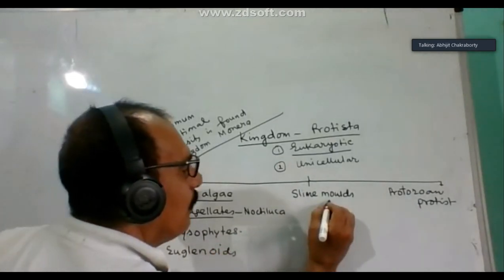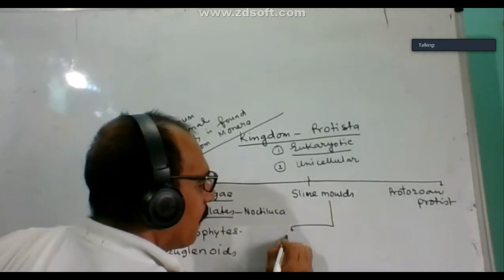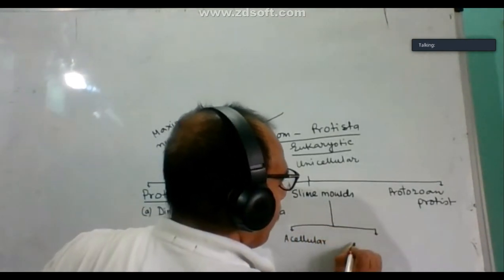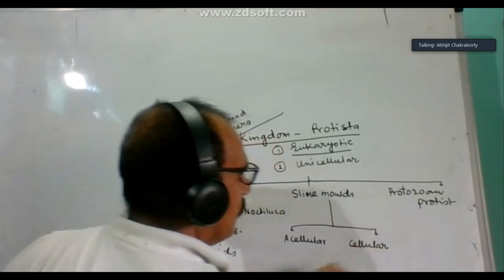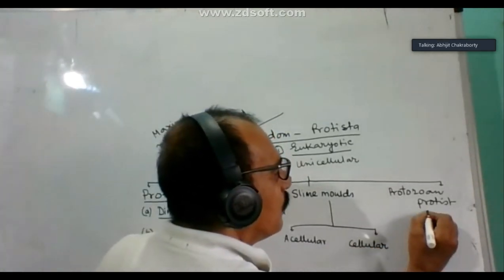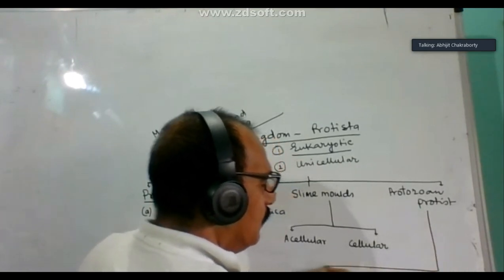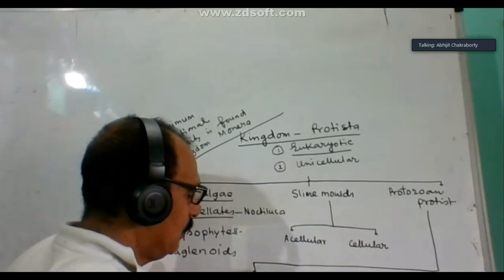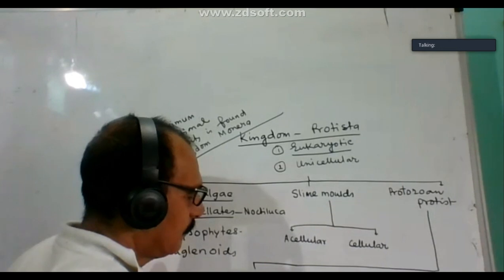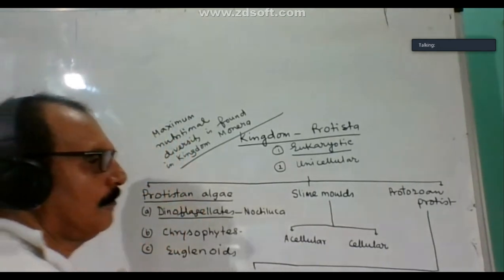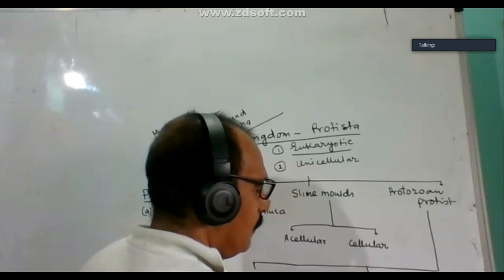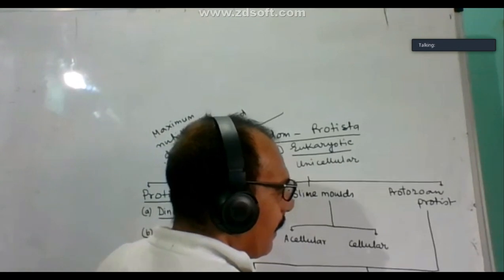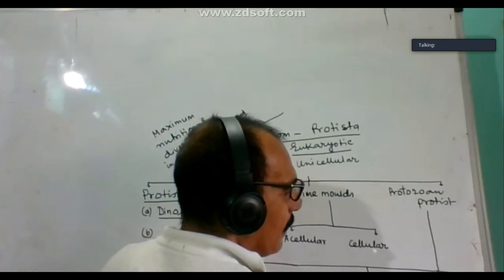Then slime molds are of two types: acellular and cellular. Protozoan protists are of two types. It is, you know, Sarcodina, Sporozoa, ciliata.